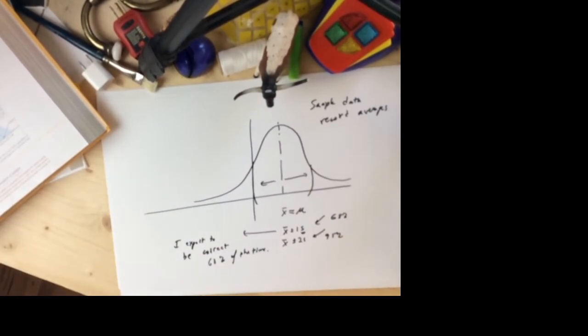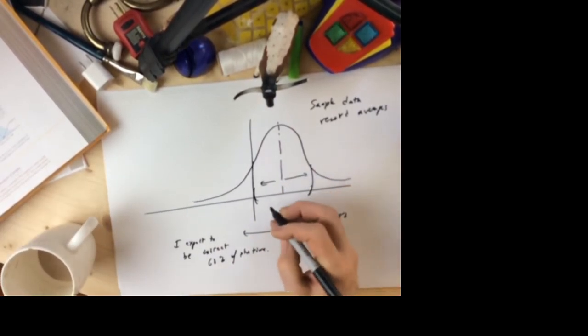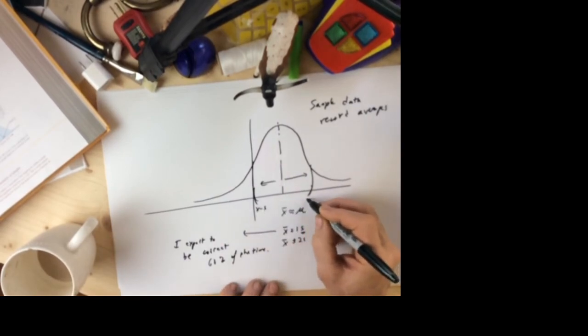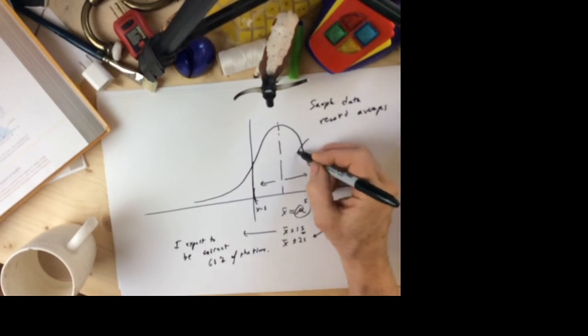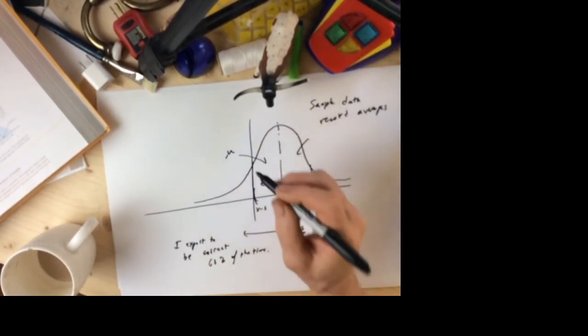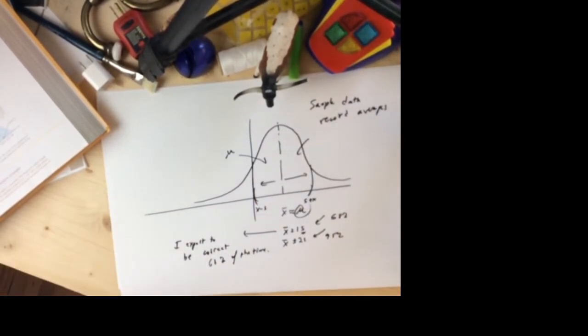That's an interval from x bar minus 1 standard deviation up to x bar plus 1 standard deviation, and it's how often you actually expect the real average to land in there someplace. But being right 68% of the time seems like almost simply an unfavorable coin. It goes one way more often than another.